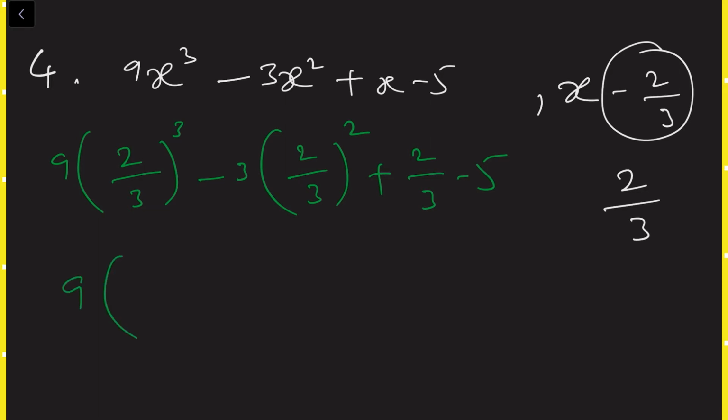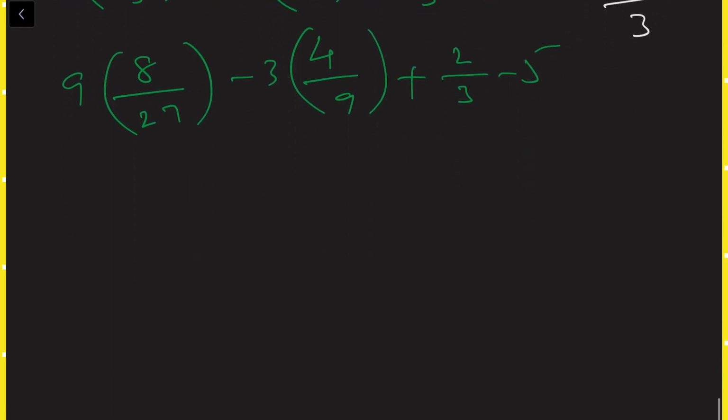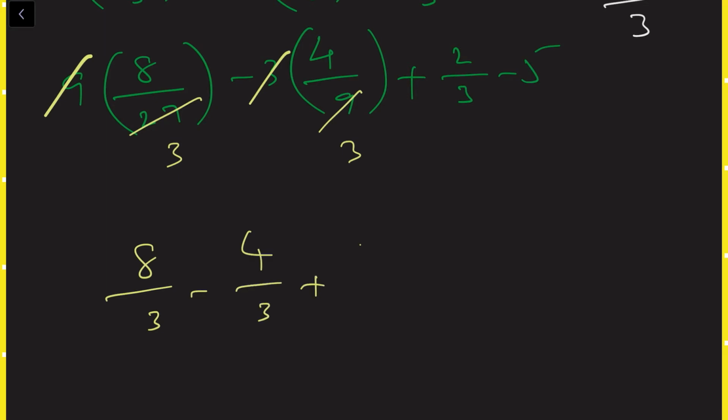9 as it is, 2 by 3 whole cube, 2 cube 8 by 3 cube 27, minus 3 into 2 by 3 whole square, 2 square 4 by 3 square 9, plus 2 by 3 minus 5. 9 ones are 9, 3s are, 3 ones are 3, 3s are. So remains with 8 by 3 minus 4 by 3 plus 2 by 3 minus 5.